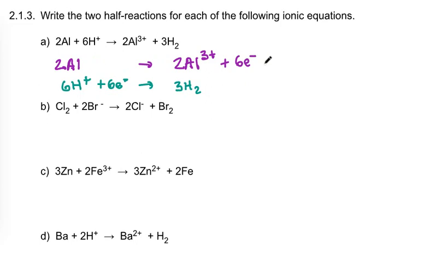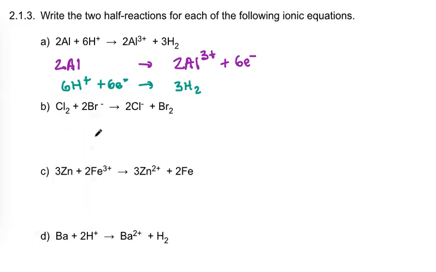If you think about Leo, losing electrons means you were oxidized. And the other reaction is a reduction. Hydrogen ions are getting reduced here and turning into hydrogen gas. So something you can check when you're doing this, at the end you should always have one reaction that is an oxidation and one that's a reduction. There should always be one of each. In other words, one of them should have its electrons on the right, the other should have electrons on the left.